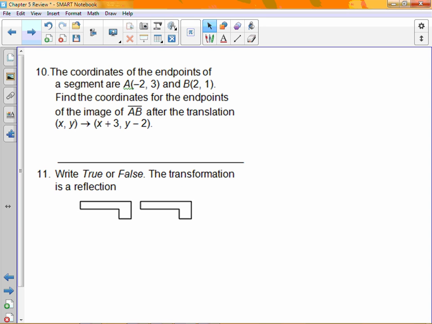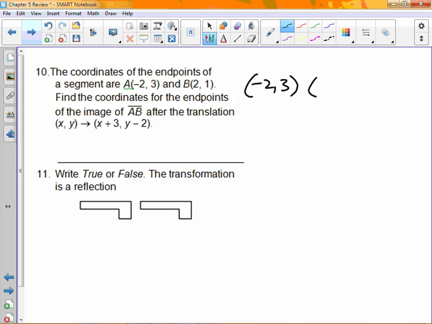9. The coordinates of the endpoint of a segment are (-2, 3) and (2, 1). Find the coordinates of the endpoint after the translation. What's going to happen here is you're going to do x plus 3 to the point (-2, 3). You take your x's and add 3. So take -2 plus 3, which gives you 1.